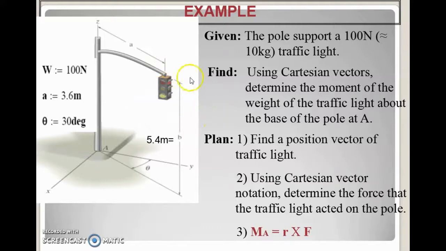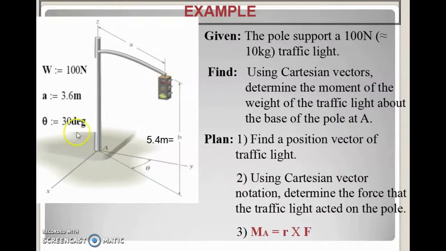Okay. First we read the question here. The pole supports 100 Newton, or 10 kilogram traffic light. So this traffic light is 10 kilogram. Find, using Cartesian vector, the moment of the weight of the traffic light about the base of the pole at A. About this point, what is the moment of this system?